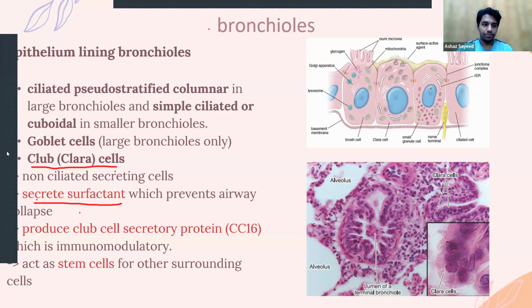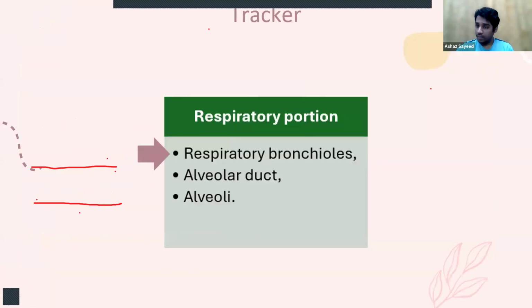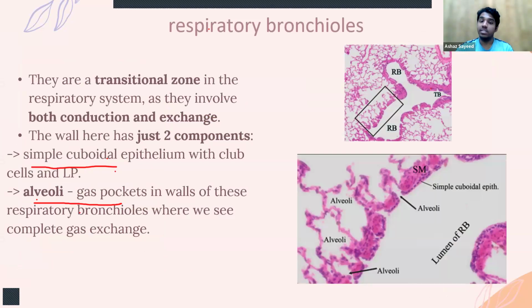Now, go on to the next one. We are done with the conducting portion so far. We'll be talking about the respiratory portion. In this portion, you will actually see gas exchange taking place. So we have our respiratory bronchioles. We are done with the terminal bronchioles.